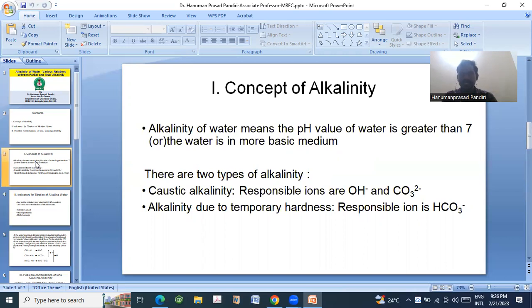The alkalinity due to first two ions, that is hydroxide and carbonate, is considered as caustic alkalinity, and the alkalinity due to third ion, that is bicarbonate, HCO3 minus, is considered as alkalinity due to temporary hardness. So these three ions cause alkalinity of water: OH minus, CO3 2 minus, and HCO3 minus.